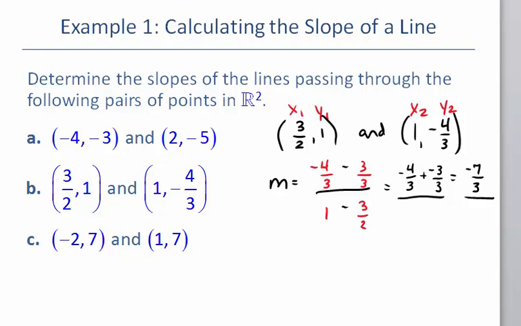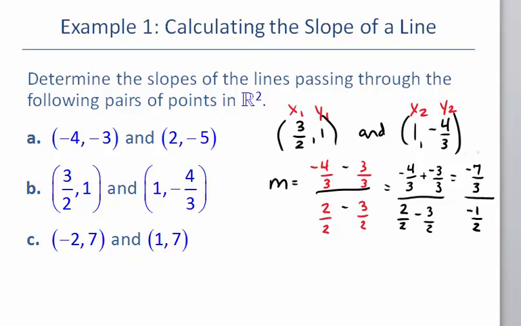In the denominator, we would need this 1 to be written as 2/2 so that it has a common denominator. And then we would have 2/2 minus 3/2, which would simplify to -1/2.